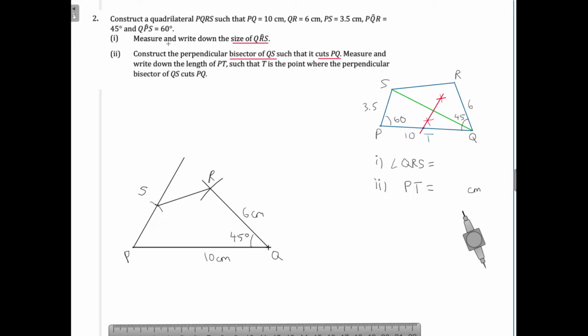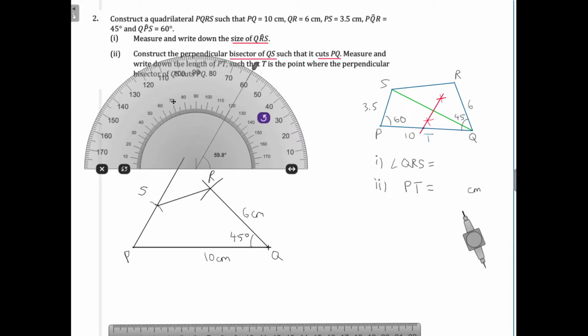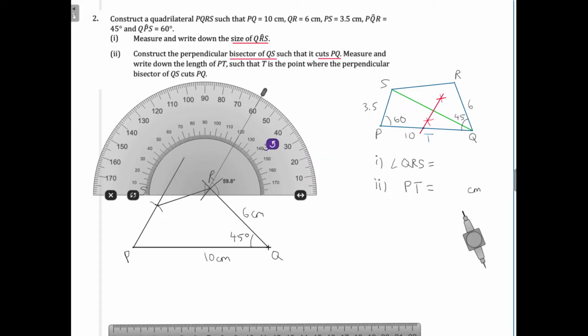We need to measure and write down the size of QRS. So this is QRS. This is the angle we want to measure. Okay. So we bring our protractor again to measure QRS.